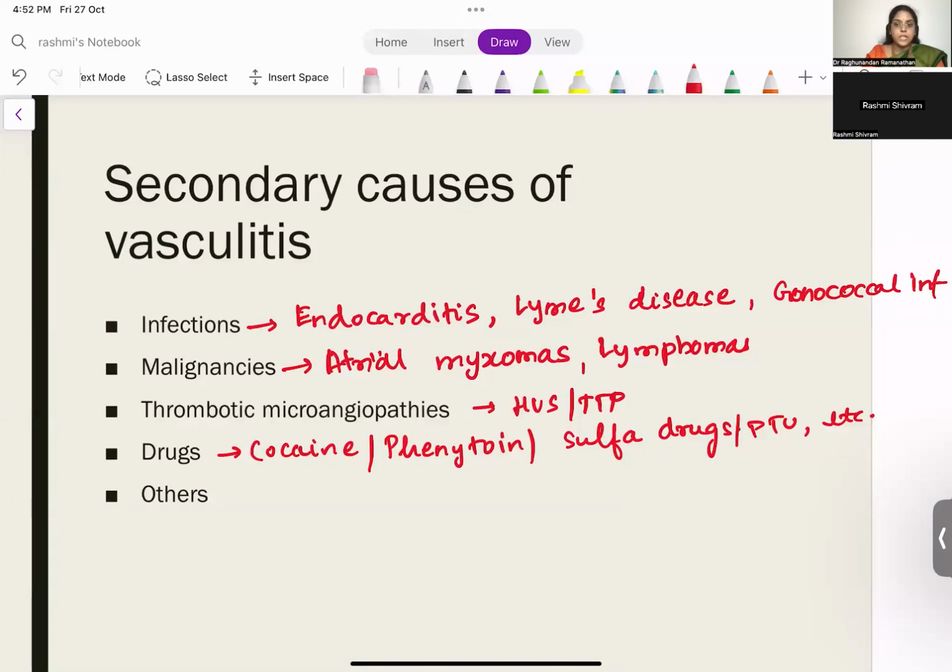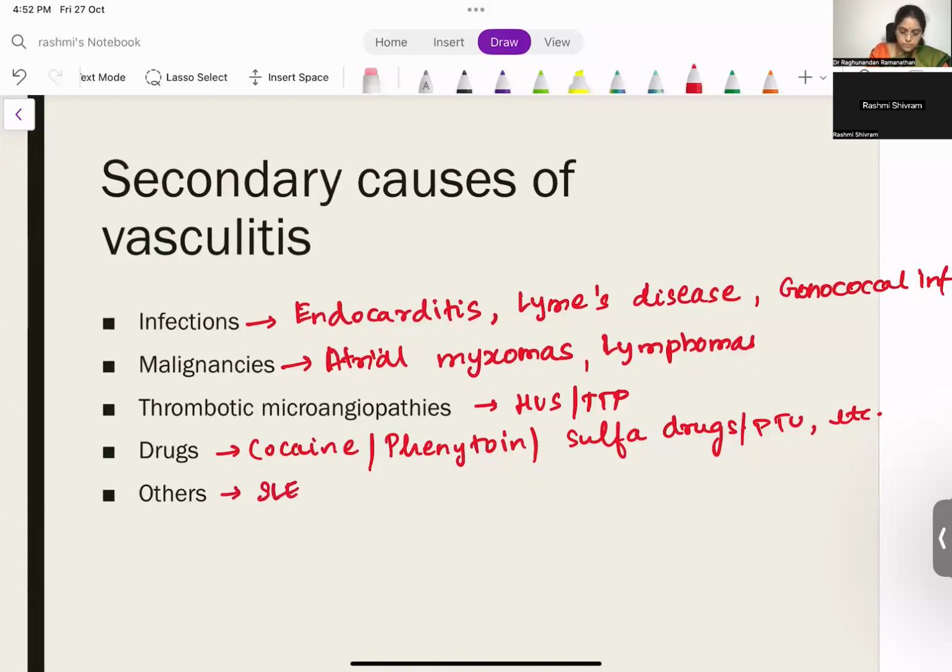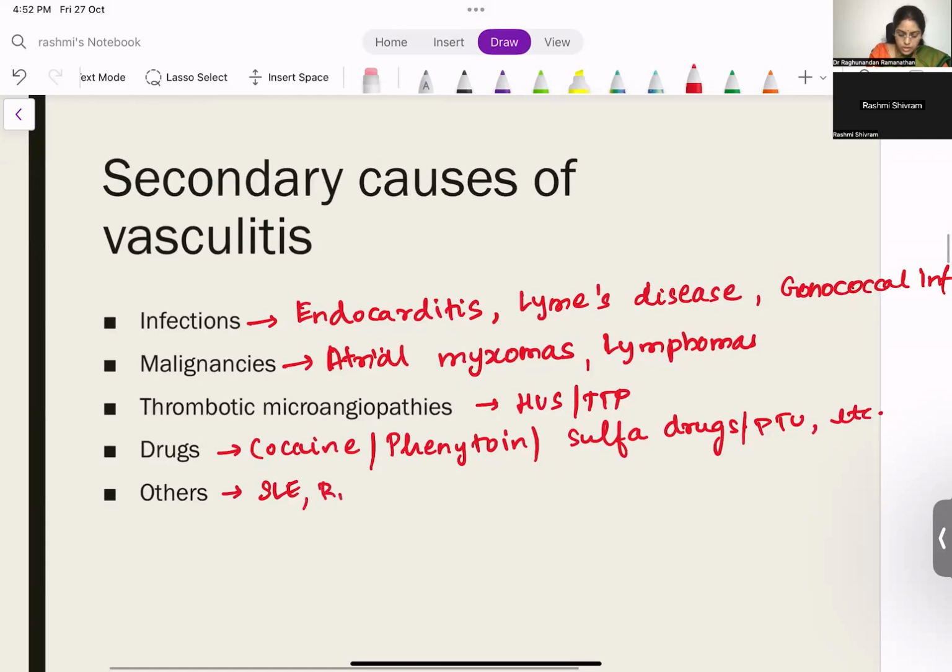Among the others, what are the secondary causes of vasculitis? You can have SLE, rheumatoid arthritis. You can have atheroembolic disease.